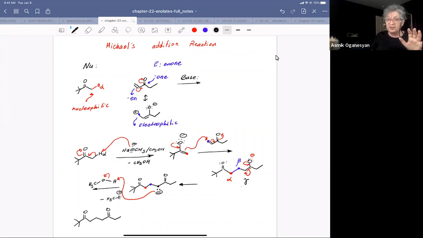Now that we put the product together, let's compare it with the starting materials, and let's see what is a good way of recognizing the product of the reaction as a product of Michael addition. Okay, we're going to highlight the starting materials as our nucleophile.